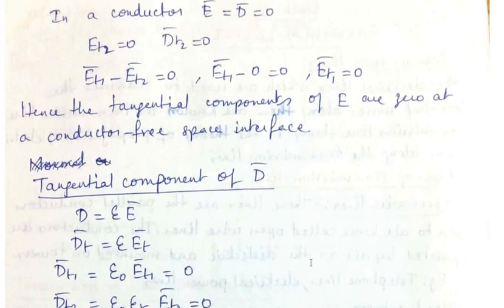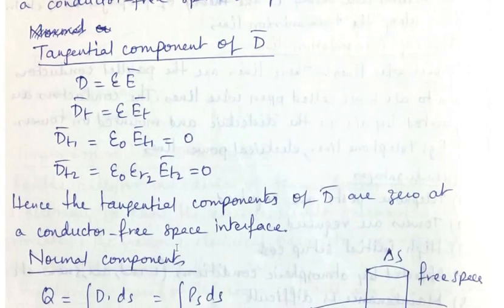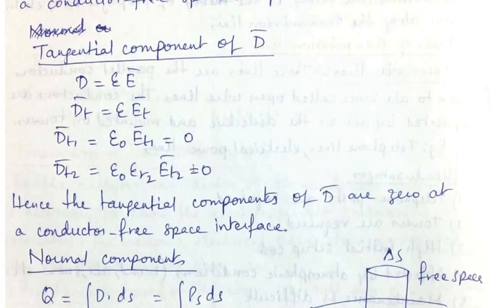Similarly, you can calculate the tangential components of D by using the relation between D and E. So we get both of these two terms are also equal to zero. So the tangential components of D are 0 at a conductor free space interface.